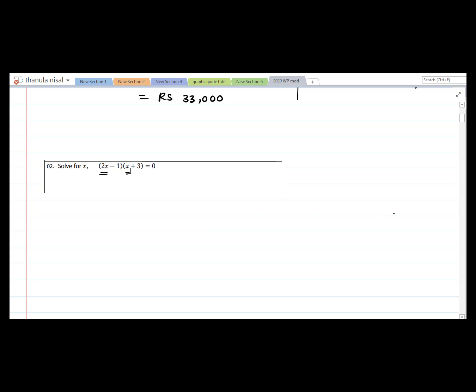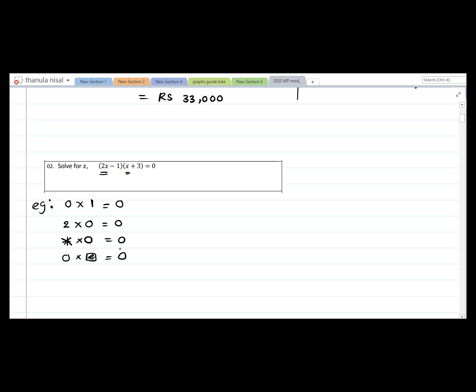Okay, so how to solve that? Here, the terms are already factorized. Do you know any method to do this? As an example, what's the product of these two? That is 0. Any value multiplied by 0 is 0.